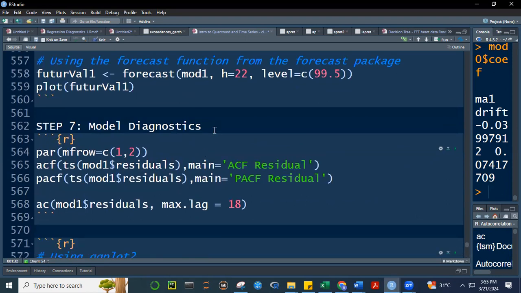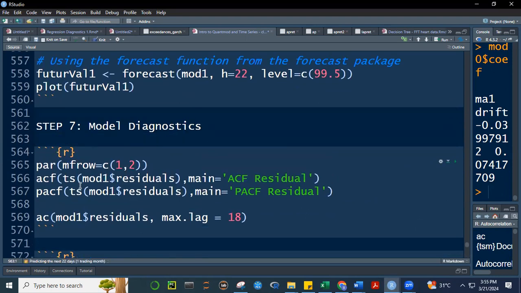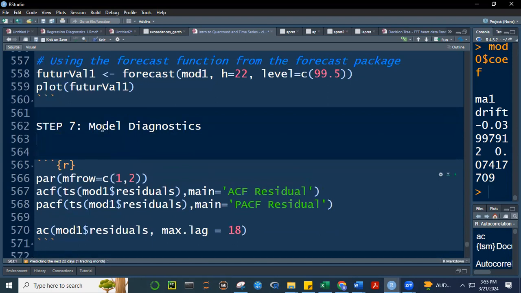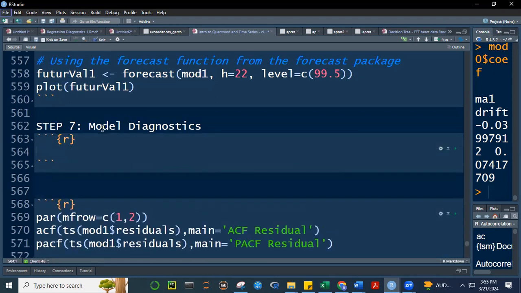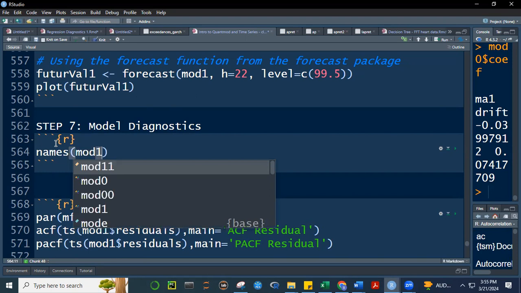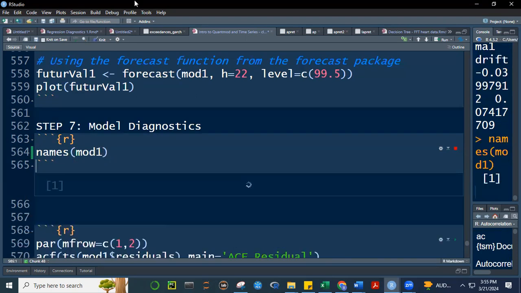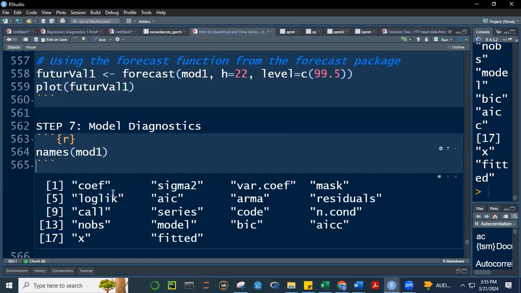Okay. So, di ba, let's check yung model 1 natin, class. Remember, ang model 1 natin, class, mod 1. Okay, names ng mod 1. Okay, maraming laman to, di ba? Yan, makukuha ko coefficient dyan, number of observations, yung log likelihood, AIC, AICC, etc. So, you know how to get those values, class.